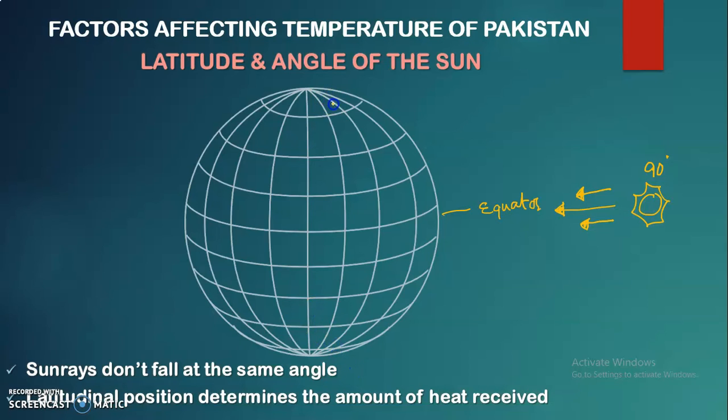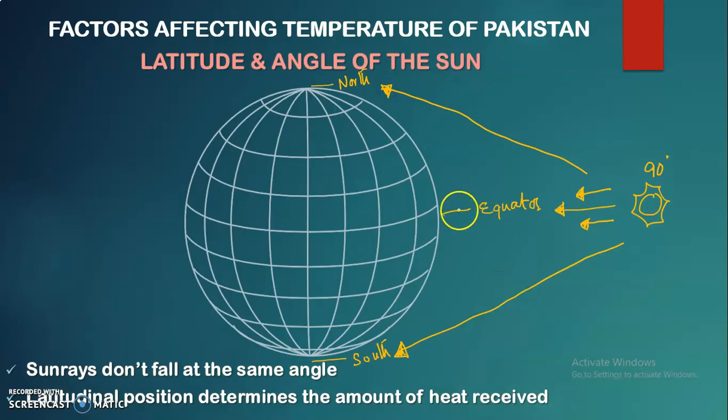So when we talk about the other latitudes like the North Pole, the northern area, and the South Pole of the globe, these two obviously receive the heat at a different angle. Now you could see that over here the angle differs. It is totally opposite to what we could see on the equator.